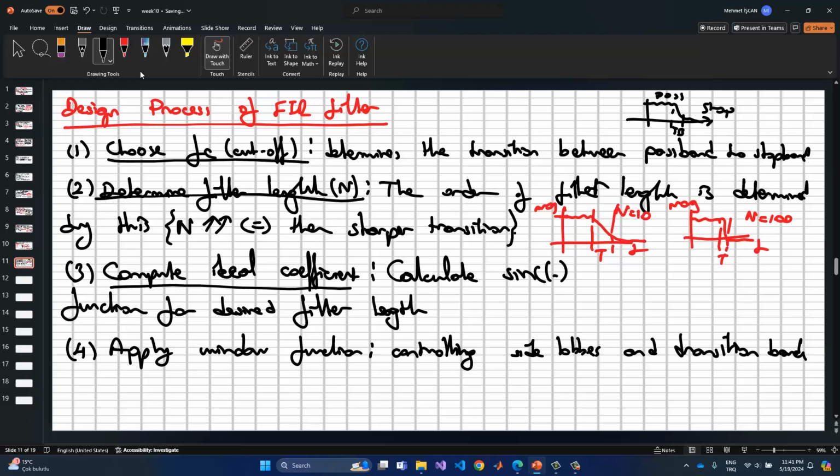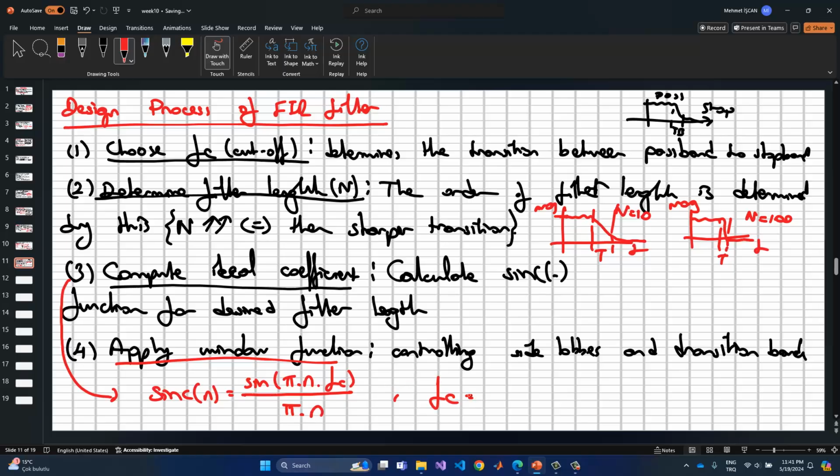For the selection of the sinc function in here, we can select h(n) equals sin(n times pi times fc) divided by pi times n.